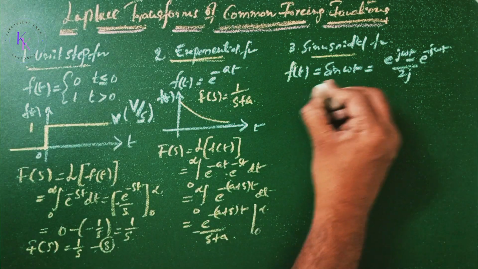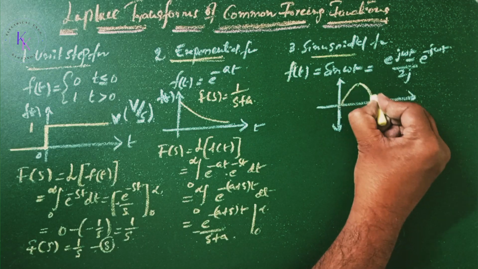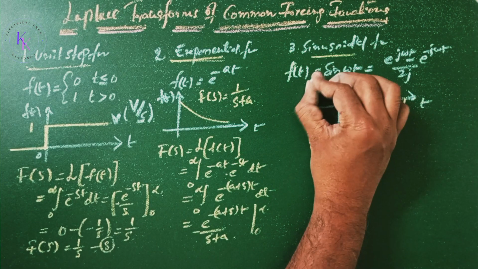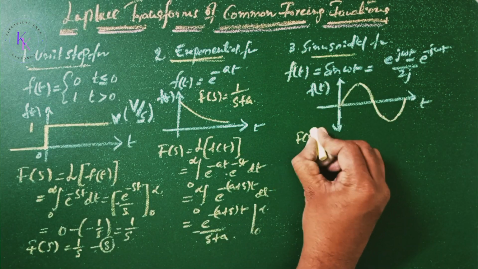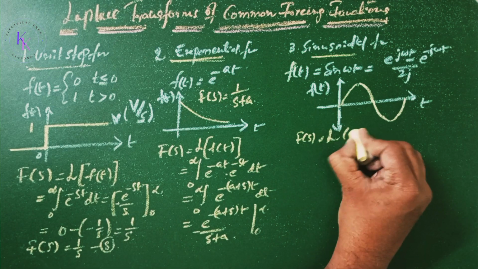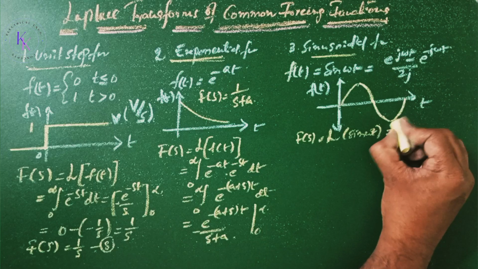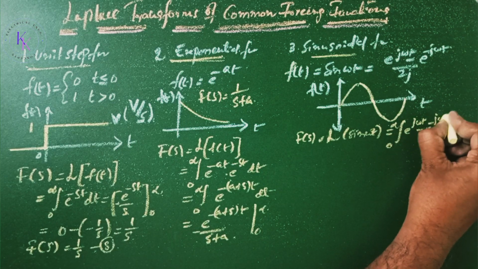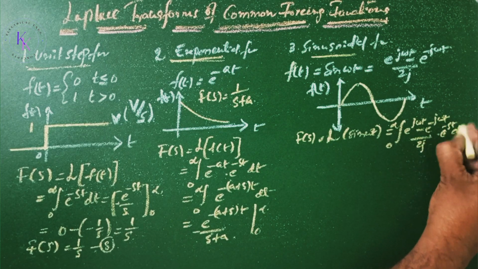In graphical representation, the sinusoid goes from 0 to maximum 1, to 0, to maximum negative, to 0. Hence the Laplace transform of the sine wave, that is the Laplace transform of sine omega t, is given by the integral from 0 to infinity of e to the power of j omega t minus e to the power of minus j omega t, divided by 2j, multiplied by e power minus st dt.